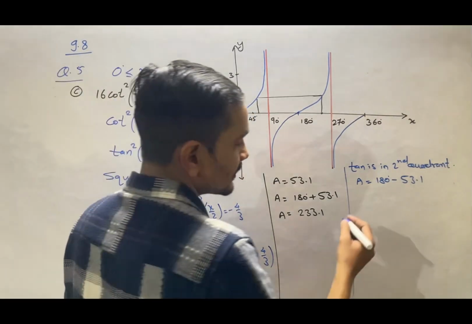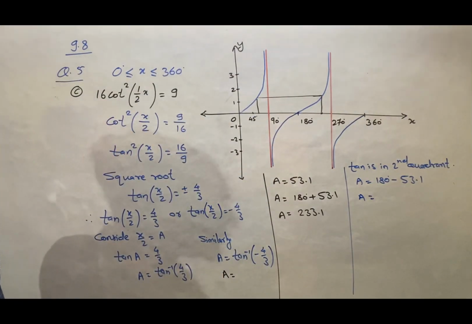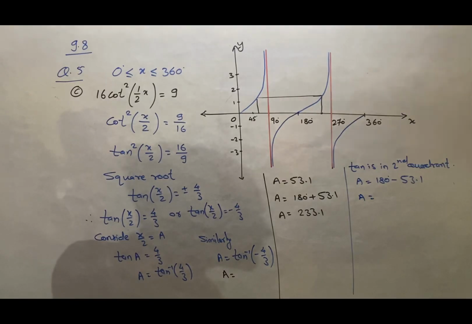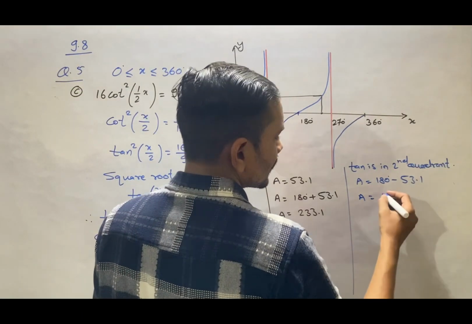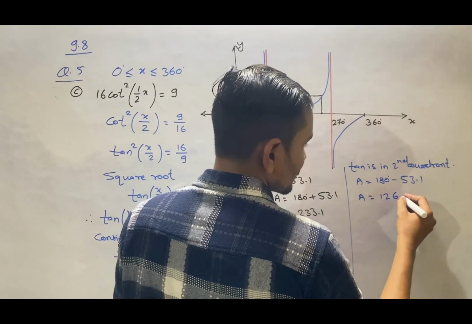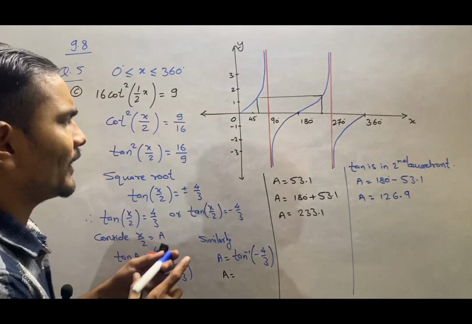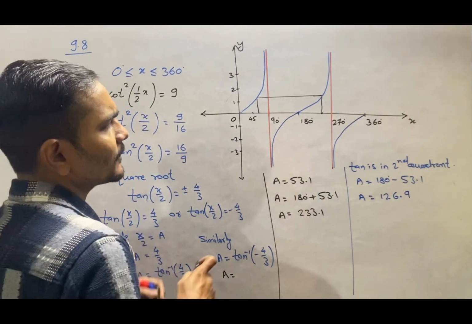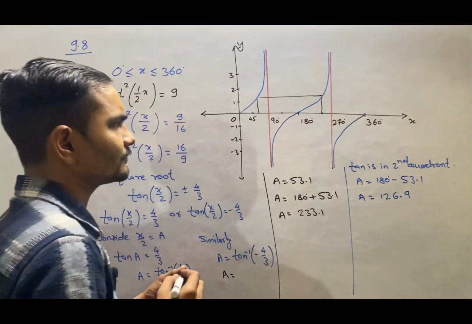Let's subtract, and we get the other value of a, 126.9. That means 90 plus 36, somewhere around here.